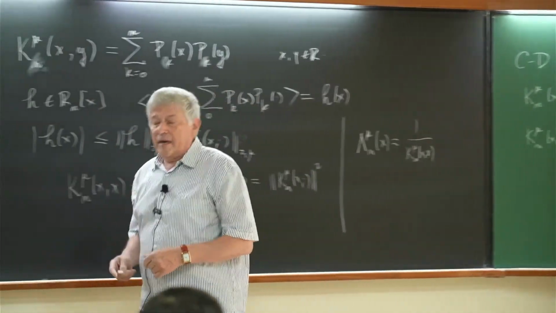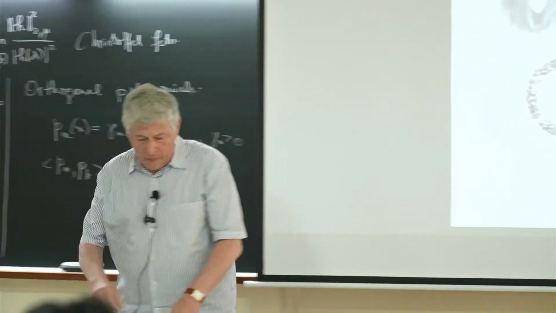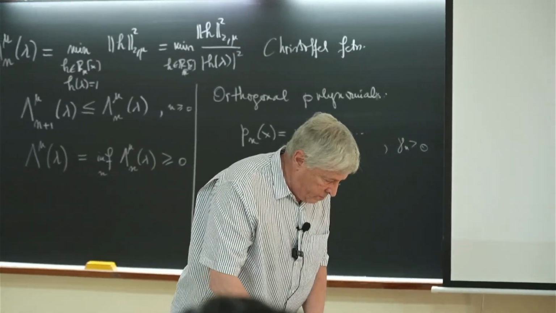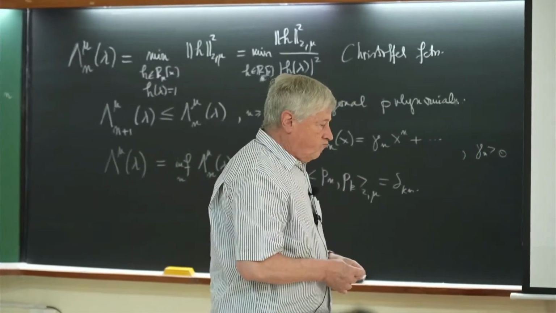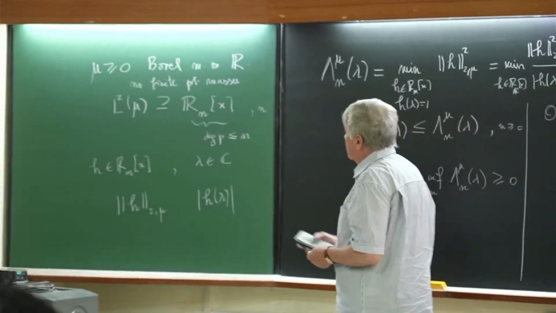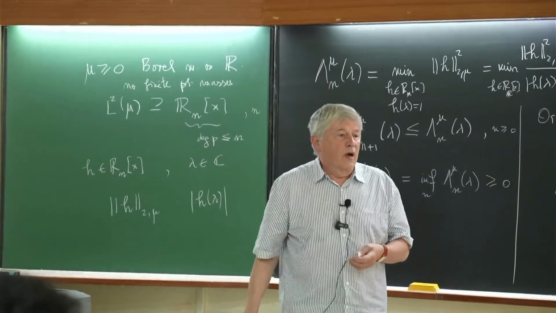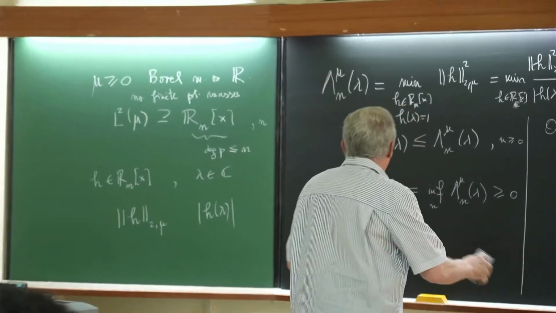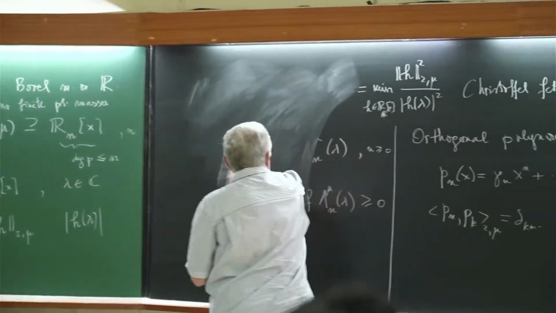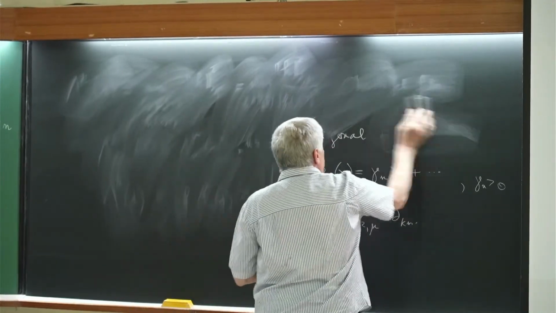Now, why is this kernel so interesting? Let's see an example. We can expand this, of course, to other supports. Here I started with the real line. We can go to higher dimensions. But first, let's remark something very simple.